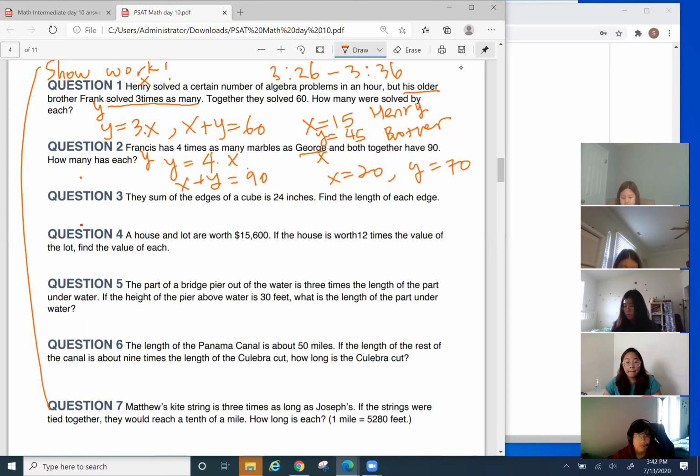What do you get for X? 20. x 72. Wait, you got x equals 72? X should be some smaller number.